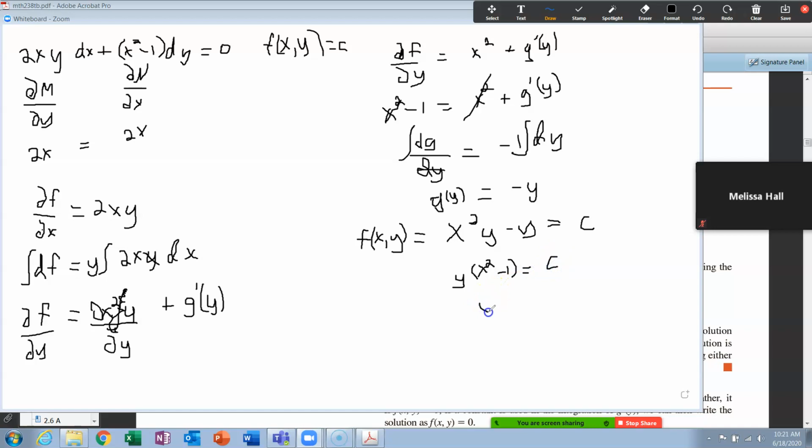And then you could say y, this is ugly, is equal to c over x squared minus 1. Now, if you chose to write it like that, you see obviously now x can't be plus or minus 1 because y would be undefined then.